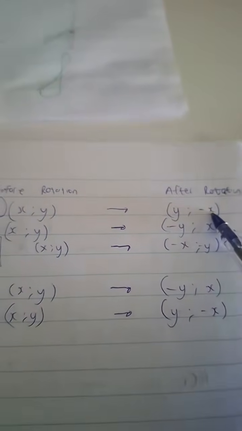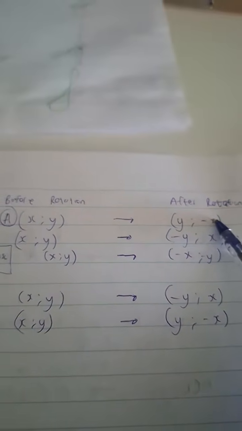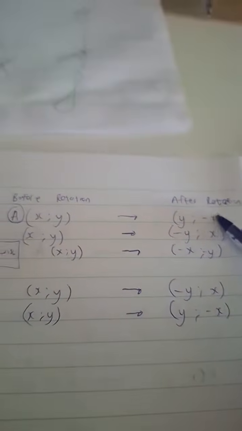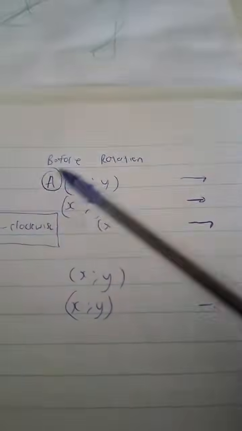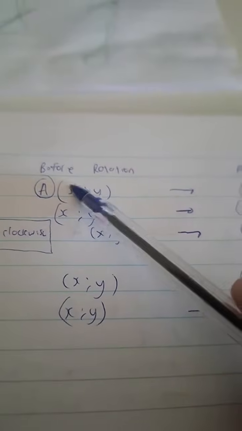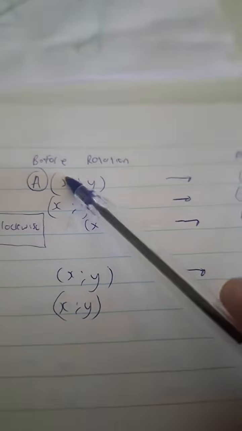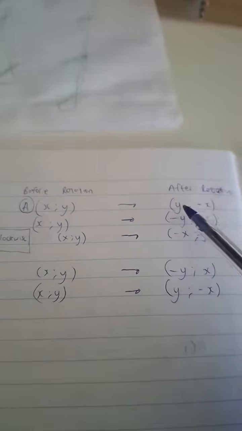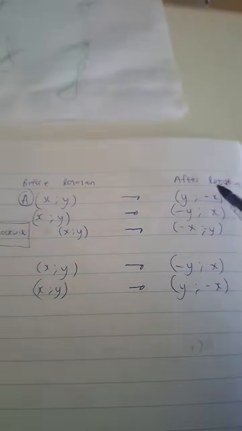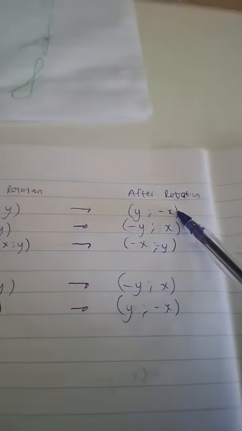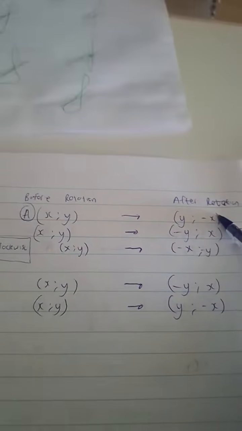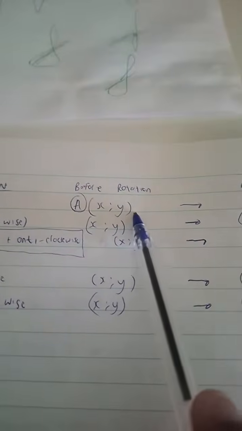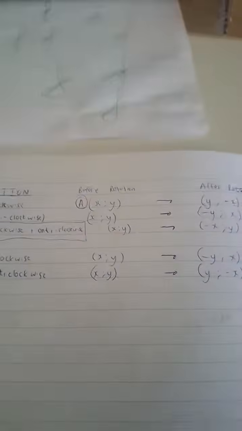And then your X coordinate that has swapped, it changes sign. You can just change the sign and then swap. Change the sign of your X and then swap. So in other words, these swap around, but then the original X changes sign. That's the effect that 90 degrees clockwise will have.